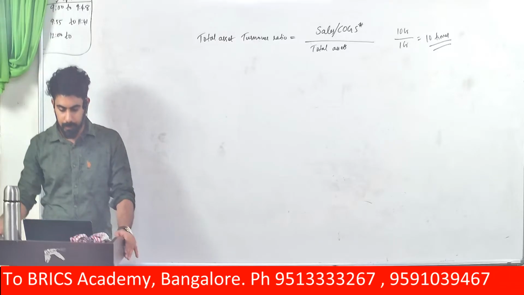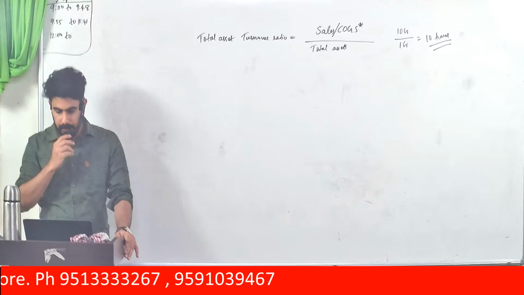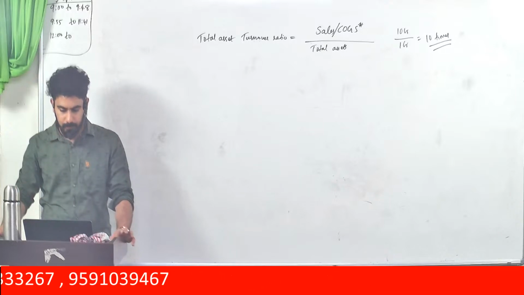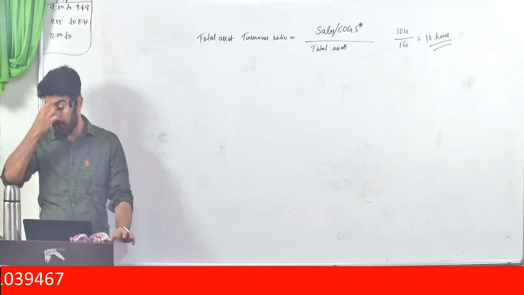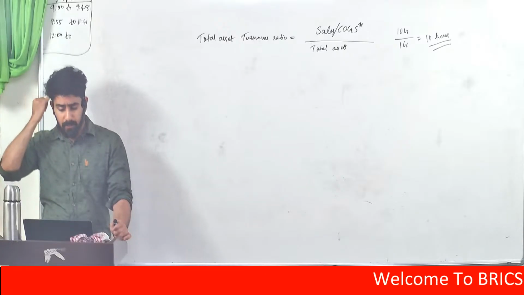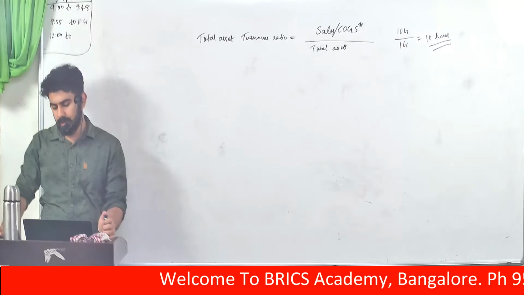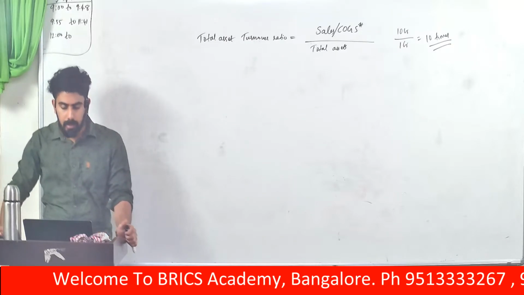Debtors turnover ratio. So debtors turnover ratio, you can find out using credit sales divided by average debtors.